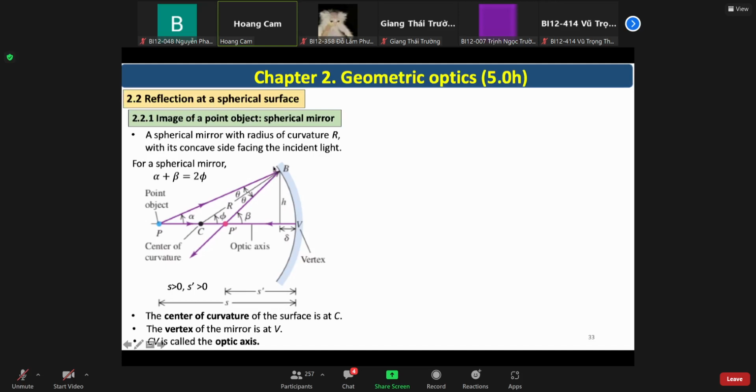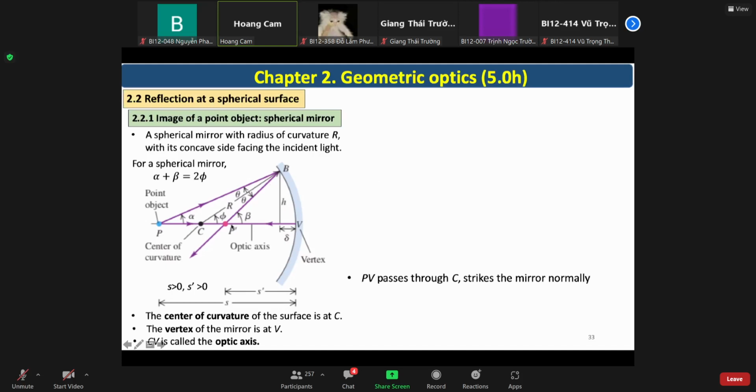You can draw the spherical mirror using this notation, or you can use the line like what you usually did at high school. Then you have the 2 edge points to note whether it is concave or convex.